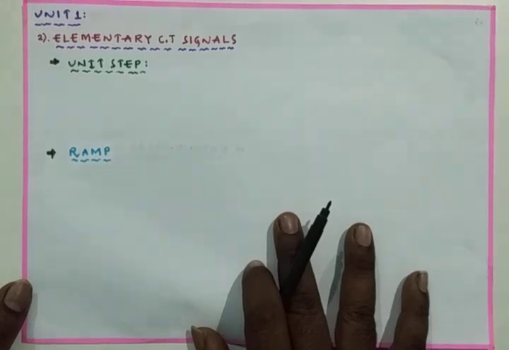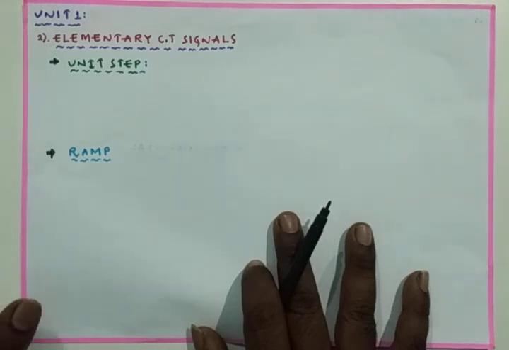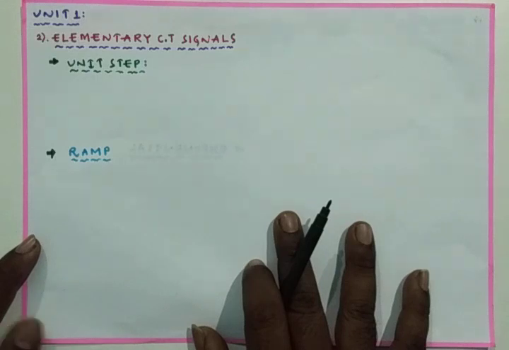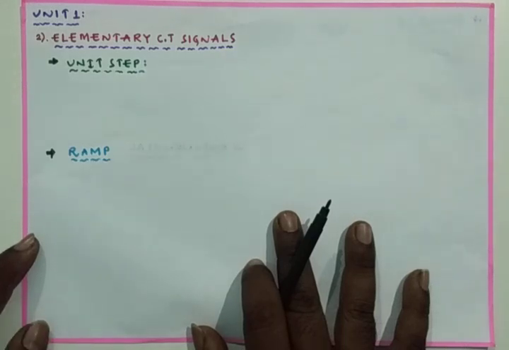So I am going to discuss the elementary continuous time signals as well as elementary discrete time signals in this unit only, so that if you are good at the first unit, around 50% of the 4th unit is also completed, with the continuous time signals and the discrete time signals.